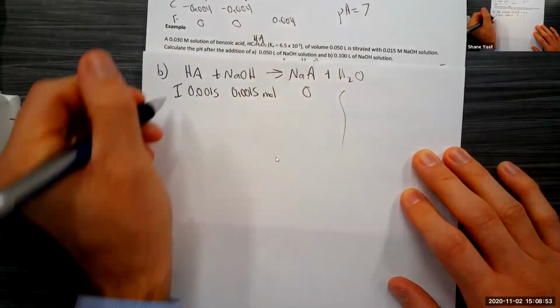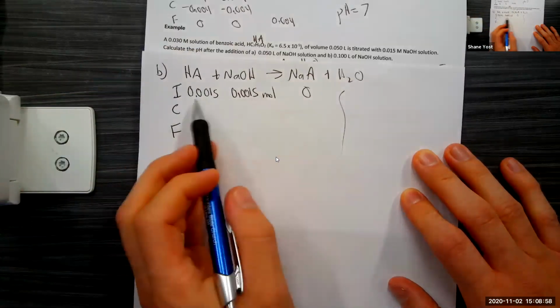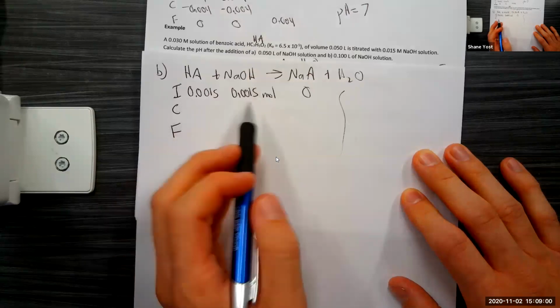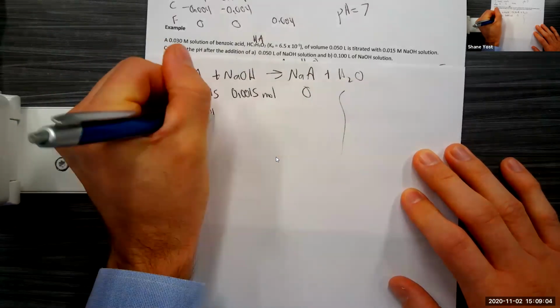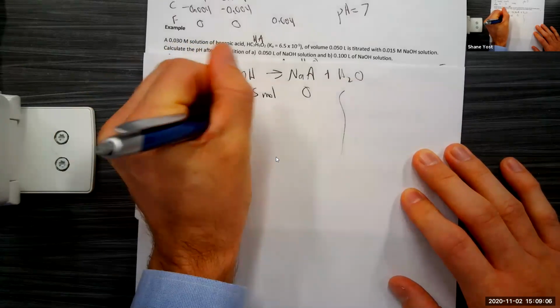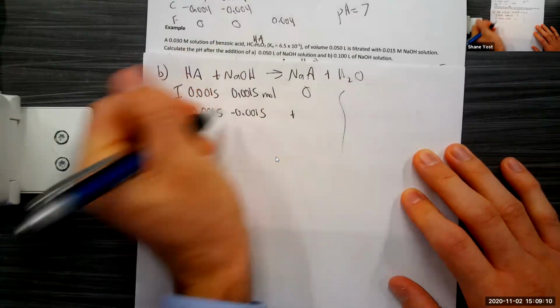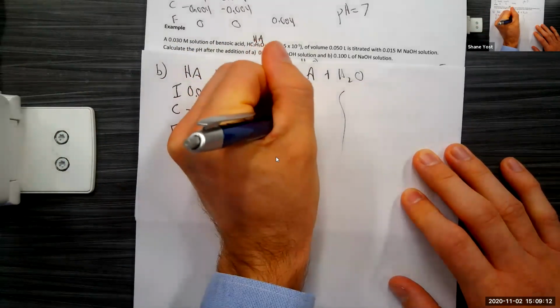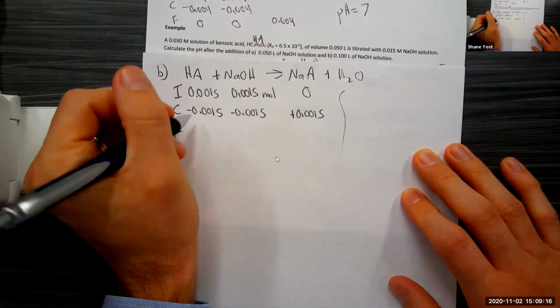And we don't really care about water. In this case, I have equal amounts of moles of HA and NaOH. So for both of these, I'm going to lose all 0.0015 moles, and I'm going to gain that many, 0.0015 moles, of my NaA compound.